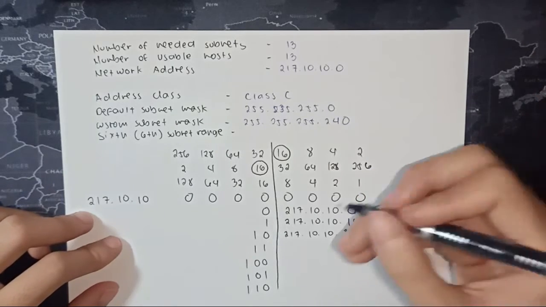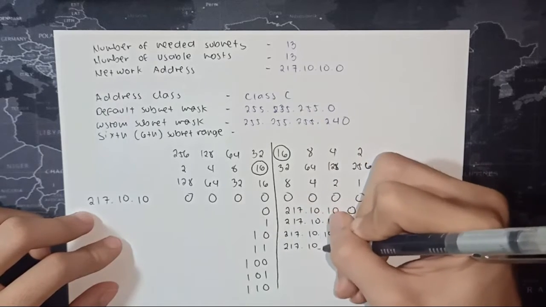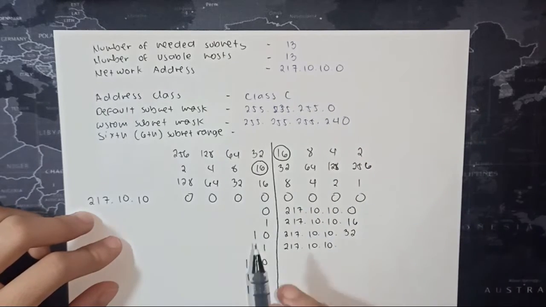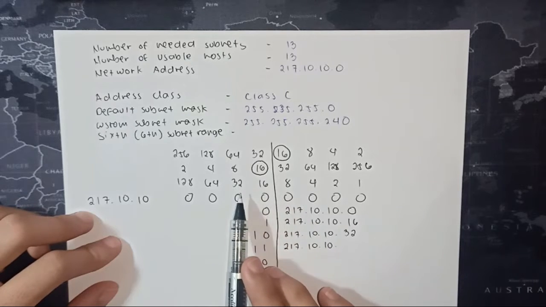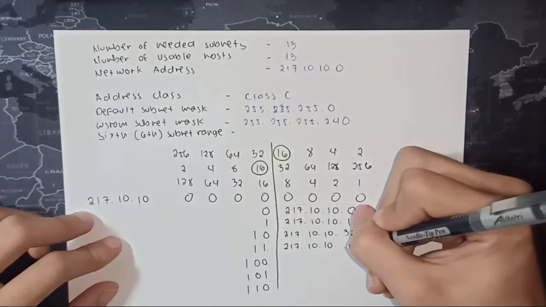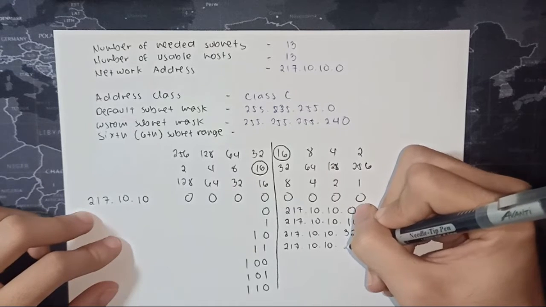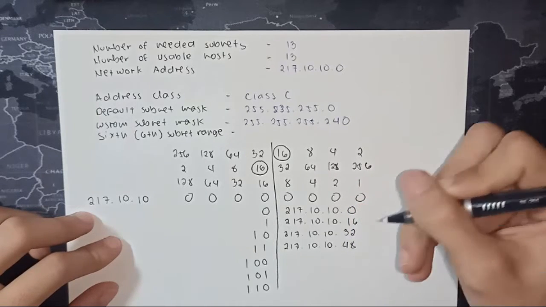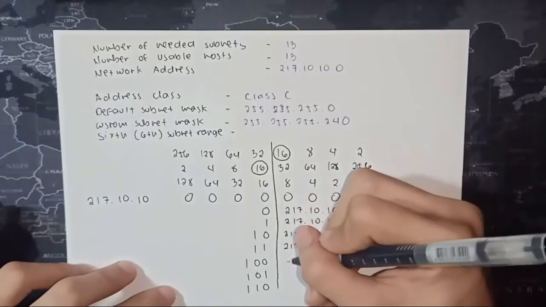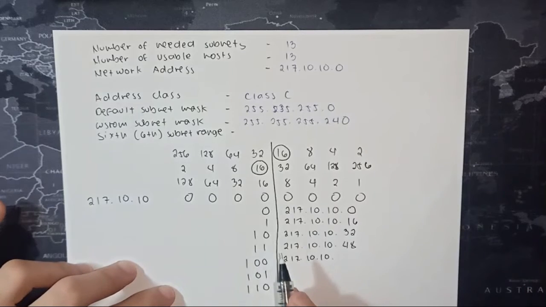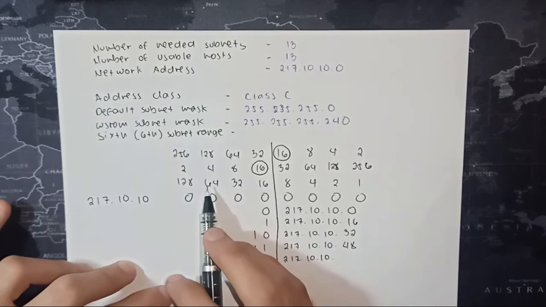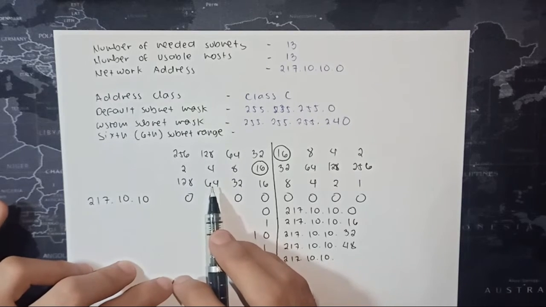Next. Since there are two 1s, we are just going to simply add these two. 32 plus 16 is equal to 48. There's only one 1, and it is in the 64 value.